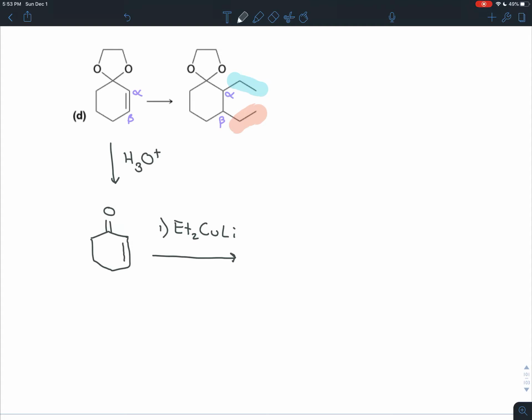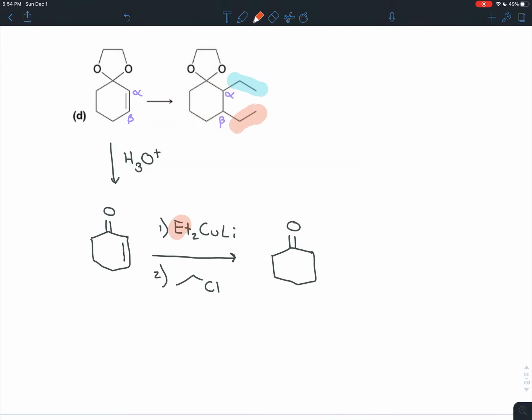And that enolate can act as a nucleophile to do an SN2 reaction. So we need an alkyl halide. Here we want to attach another ethyl group, and we just use any leaving group. I'm going to use a chlorine to do an SN2 reaction on the alpha position. So that will alkylate the alpha and beta carbons of this molecule.